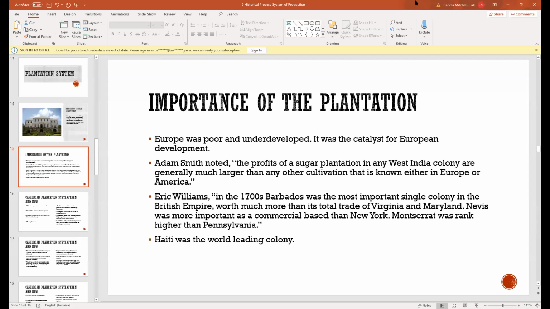We know for sure that Europe was a very poor and underdeveloped continent, not what people want us to believe, that Europeans came to the Caribbean as advanced people, way more advanced than the Africans or the Asians or even the indigenous peoples, because there's nowhere in Europe that had those elaborate structures.